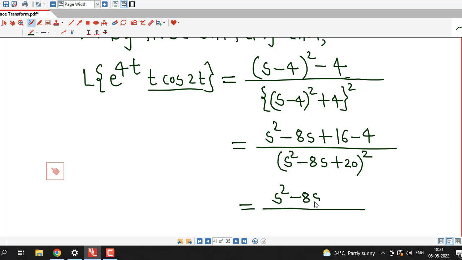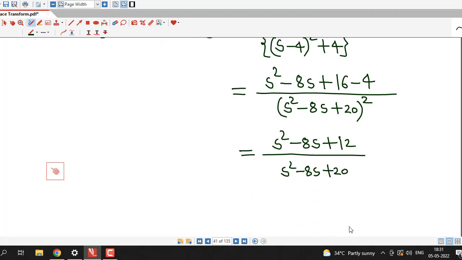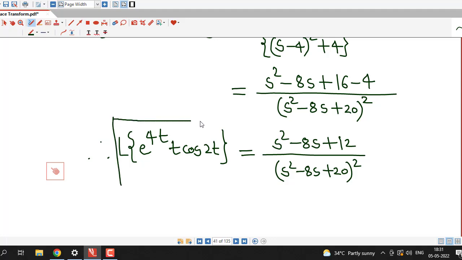S square minus 8s, 16 minus 4 is 12, and s square minus 8s plus 20 whole square. So therefore Laplace transform of e raised to 4t t cos 2t is obtained in this way.